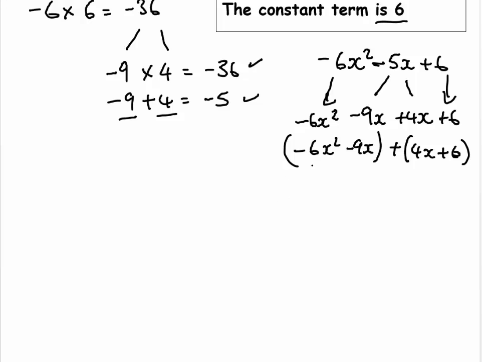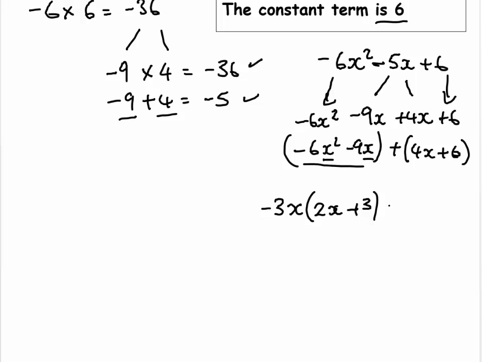Now, the highest common factor of minus 6 and minus 9 in this bracket is minus 3. So let's take that out. And also x appears on both sides, so we can remove that as well. So then you're going to be doing minus 3x times 2x plus 3.